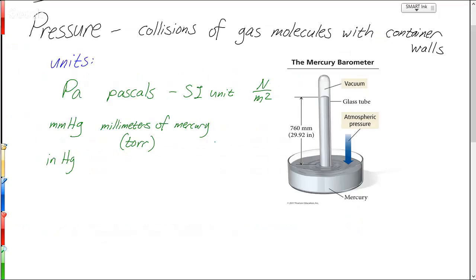And then the other one that we'll use a lot is atmospheres, ATM. So 1 atmosphere equals atmospheric pressure at sea level.